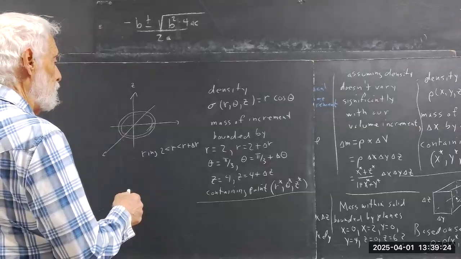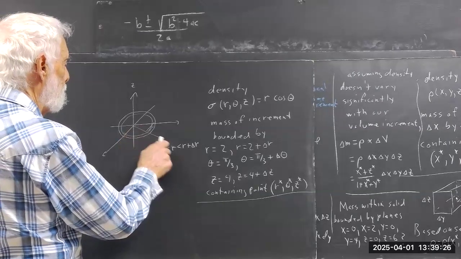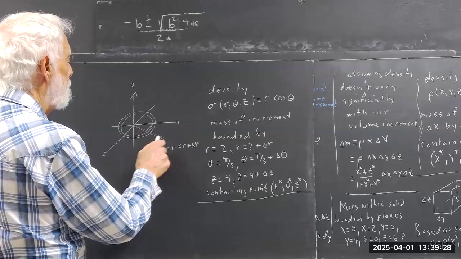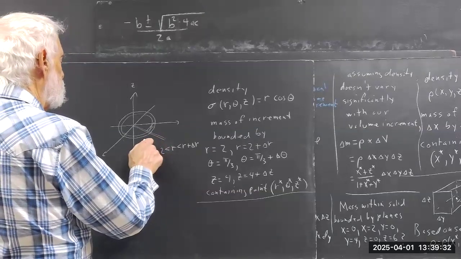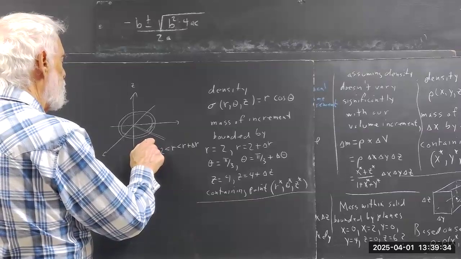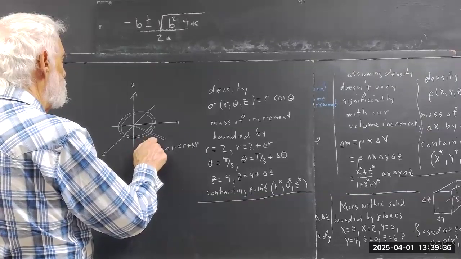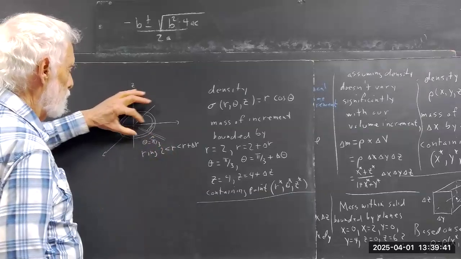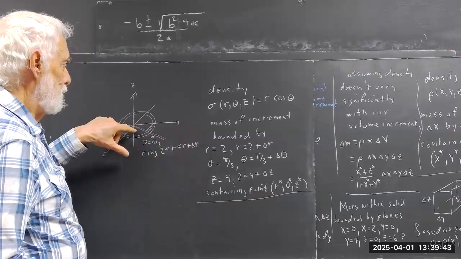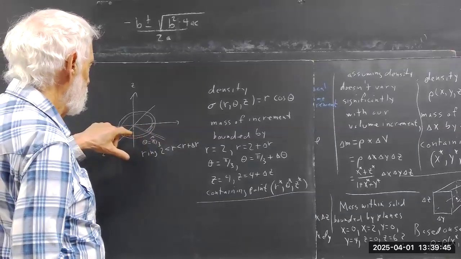Theta between pi over 3 and pi over 3 plus delta theta. This is the wedge theta equals pi over 3.